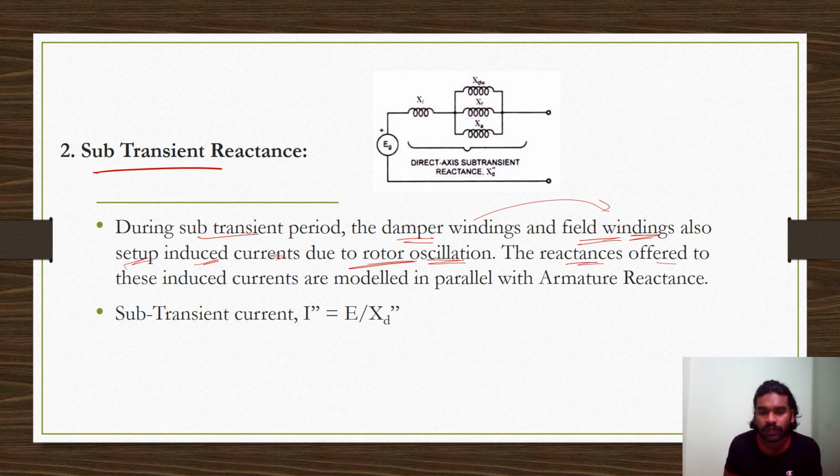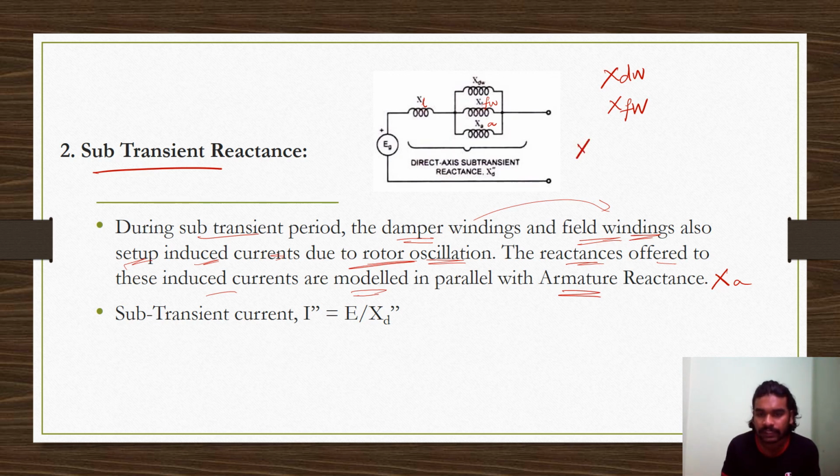The reactance offered to these currents in their windings are called the damper winding reactance XDW, and the reactance in the field is called XF, field winding reactance. These reactances are modeled in parallel with the armature reactance XA. You see here, this is the XL, this is XDW, this is the field winding reactance, and this is the armature reactance. Now they are modeled in parallel.